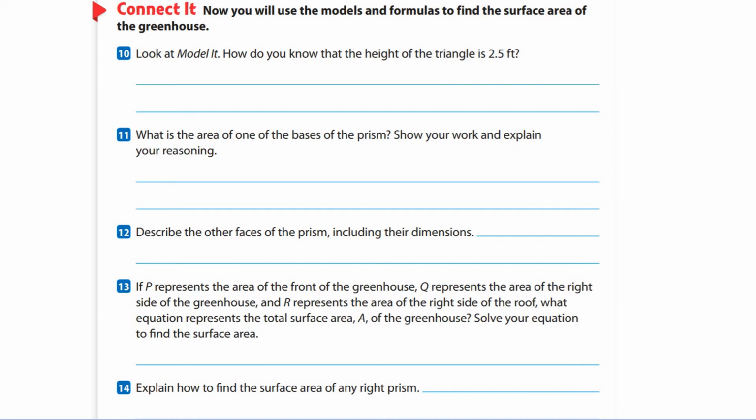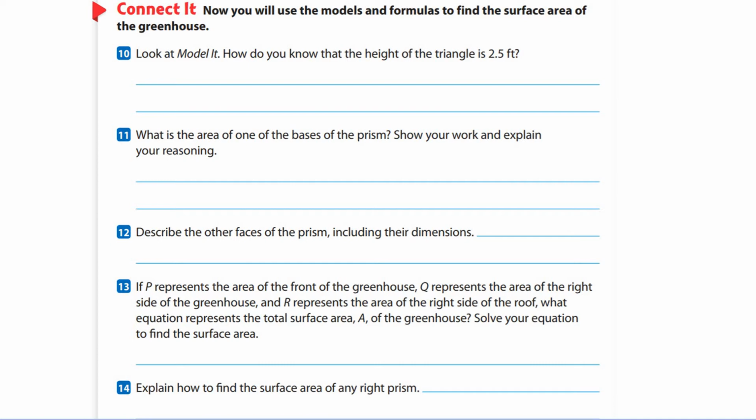Question 11. What is the area of one of the bases of the prism? Show your work and explain your reasoning. Question 12. Describe the other faces of the prism, including the dimensions. Question 13. If P represents the area of the front of the greenhouse, Q represents the area of the right side of the greenhouse, and R represents the area of the right side of the roof, what equation represents the total surface area, A, of the greenhouse?